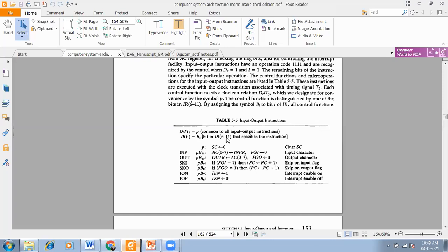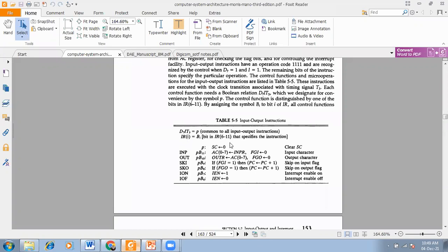So these are the higher order 6 bits. From 0 to 11 there are 12 bits in total, but here 6 to 11 means 6 bits. That specifies the instruction here. So that is your IR(i): 6 bits, starting from 6 to 11.